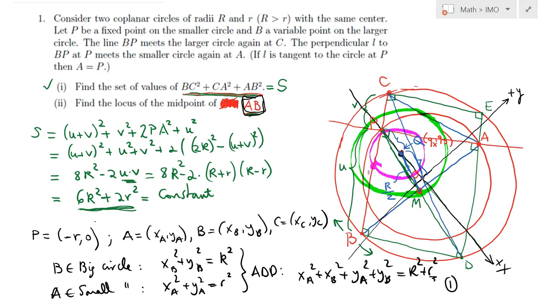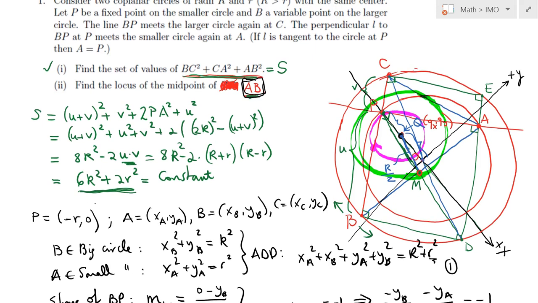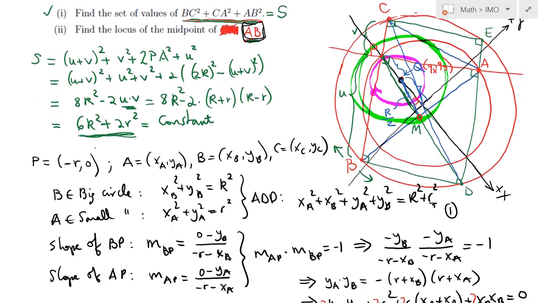You can use the same coordinate bashing that we went through in this example to show that the midpoints of AB and AC end up on the green circle with radius capital R over 2, versus the midpoint of BC, which ends up on this purple circle with radius little r over 2. I just leave it to you guys as an exercise. Obviously we are done, and hope to see you guys in our next video.